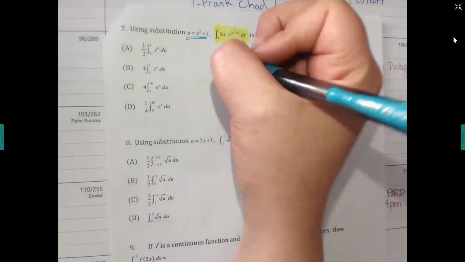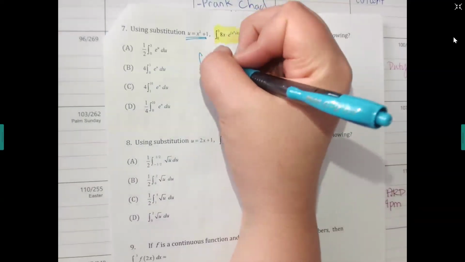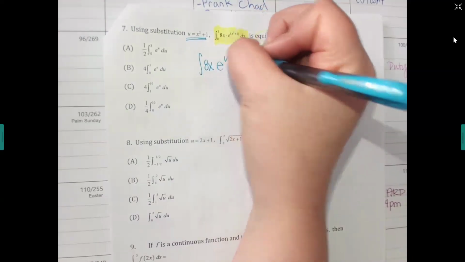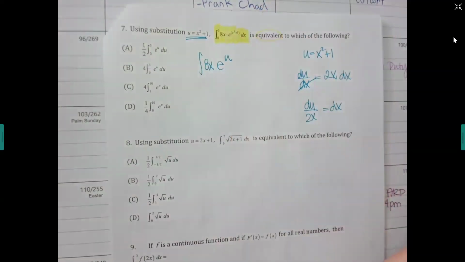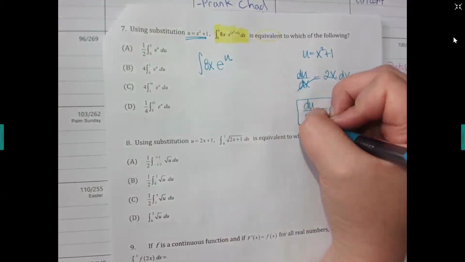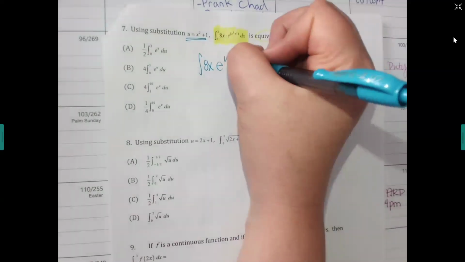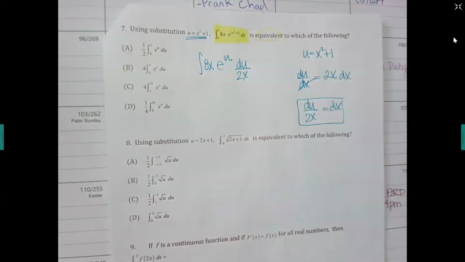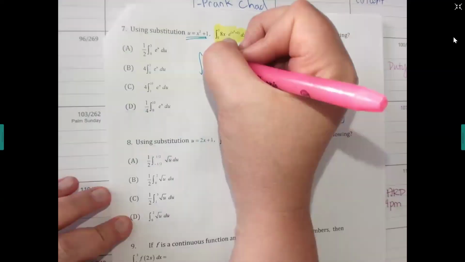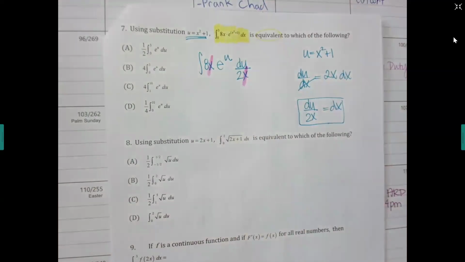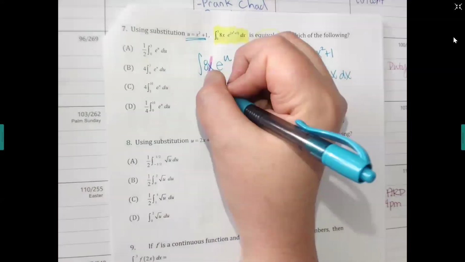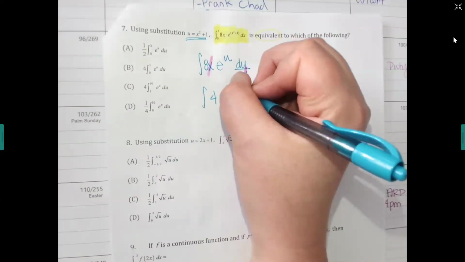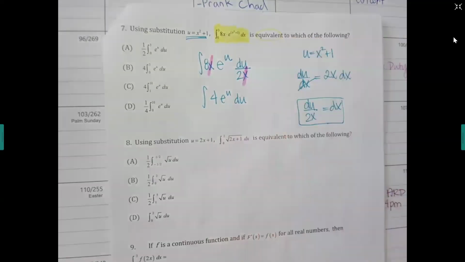But my e to that stuff is now an e to the u. And my dx is now a what? du over 2x. And then what needs to happen with those x's? Cancel out. 8 divided by 2 gives me 4e to the u.